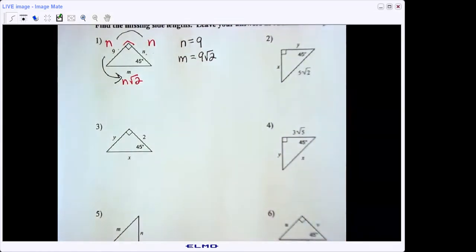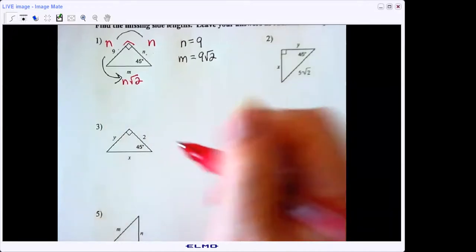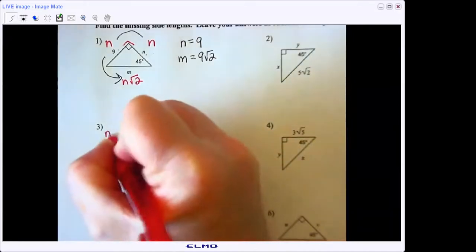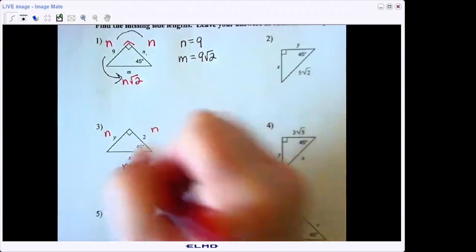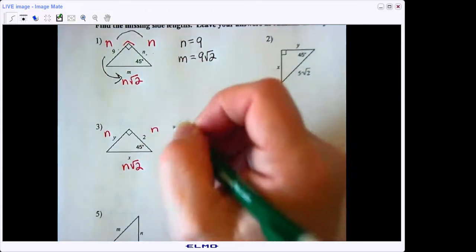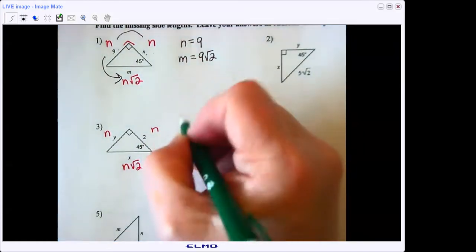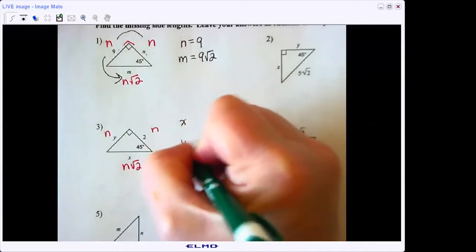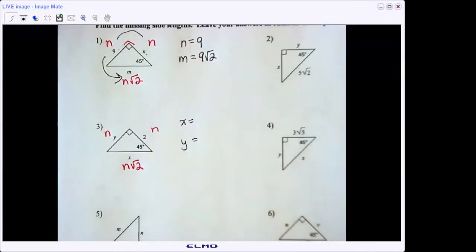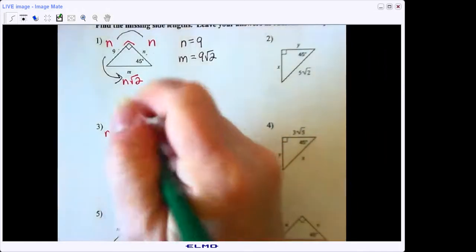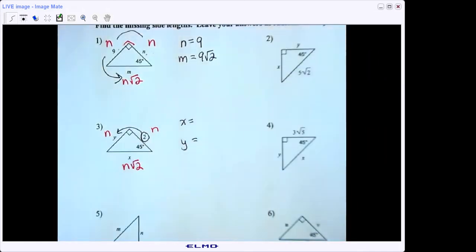Number 2 is very similar. Okay, so this is n. That's n. This is n root 2. Okay, so we're going to find x and y. I actually prefer finding the legs, whatever they are. You could start with the y, you could start with the x, it doesn't matter. Because I know whatever this is. So what's y going to be? 2.